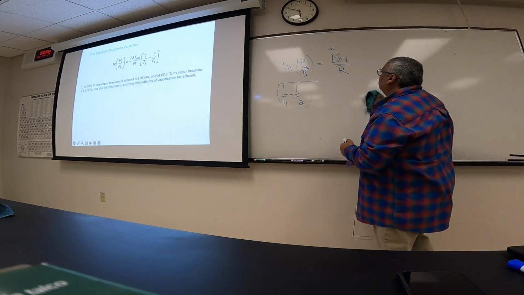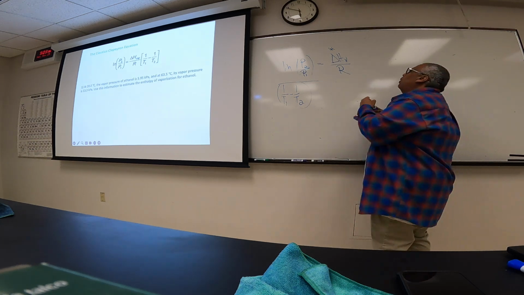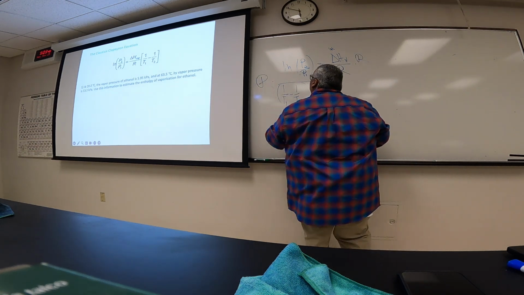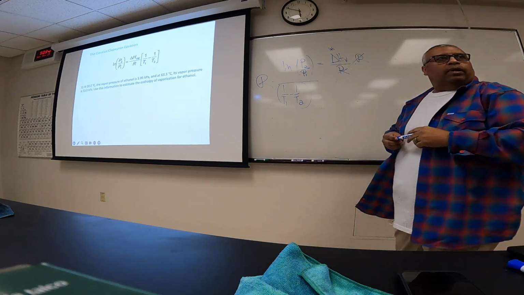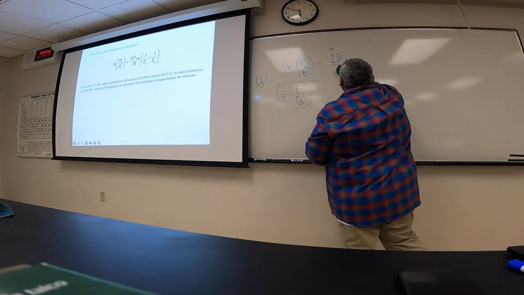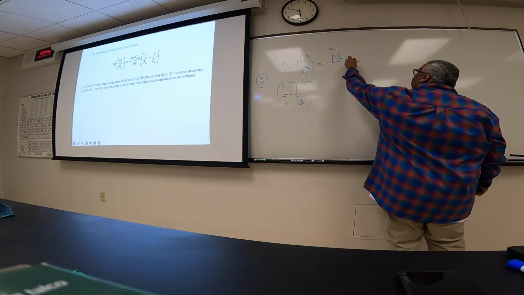Next, in order to get rid of this, I have to multiply this over here, but I also have to multiply it over here. So these two would go away. Does everybody see that? Just some algebra that we have to do. But then we get our final equation. I'm going to clean this up a little bit.